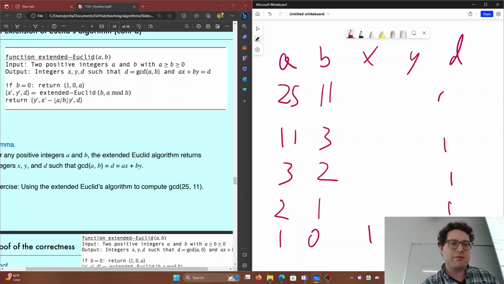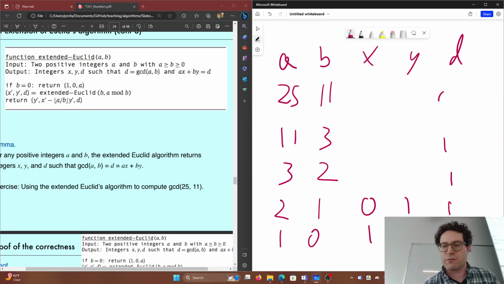So what we're going to be doing is filling in our x and y using the y and x from below. So 0 from here, because that's what the y below is, and x is 1 minus a over b. Well, a over b, that's 2, but we don't have to worry about that because that's going to be multiplied by y, which is 0, so it's going to be 1.